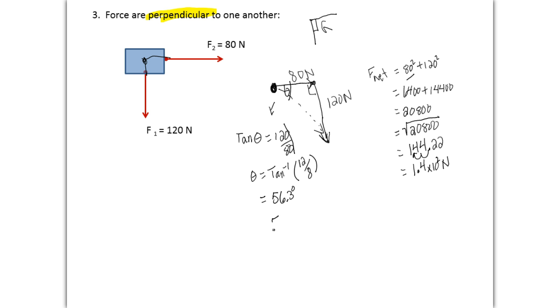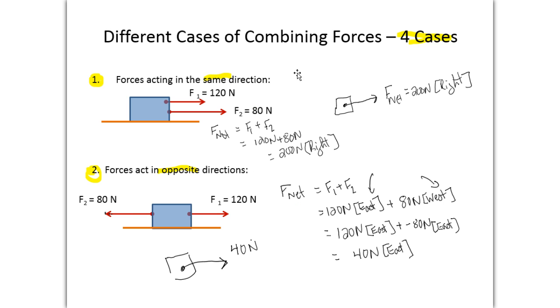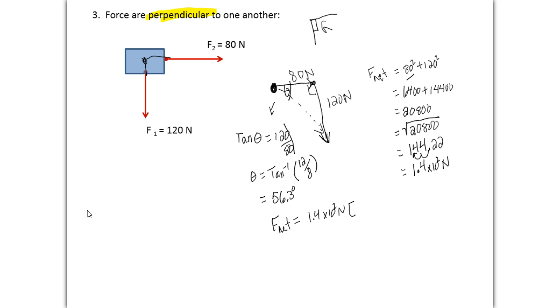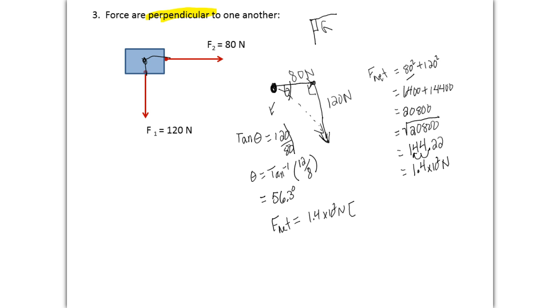So when you're describing your force net now, it's 1.4 times 10 to the 2 newtons, and direction, sorry about that. And for your direction, you're moving east, but you're also being pulled south.